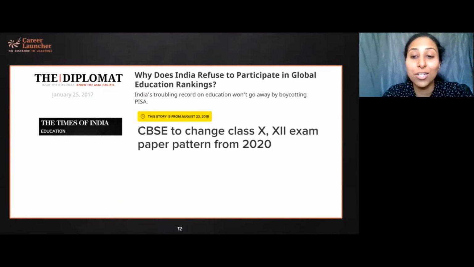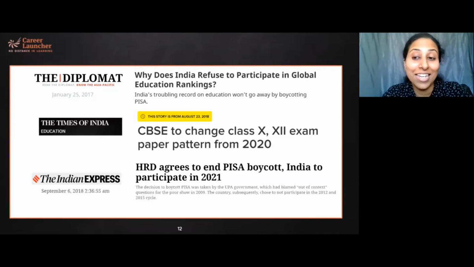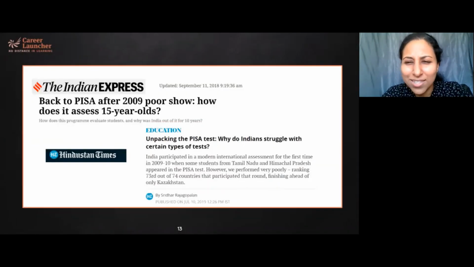Following this, in 2018, India decided to end its PISA boycott and participate in the 2021 exams. But criticism was still there. There was a feeling among many that teaching and examination pattern in India had not changed enough to prepare the students for this task.